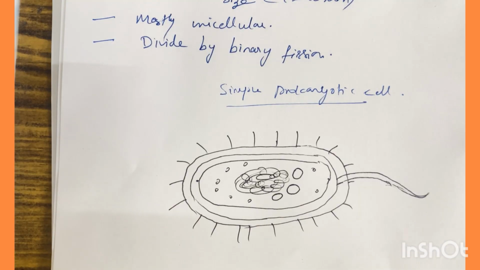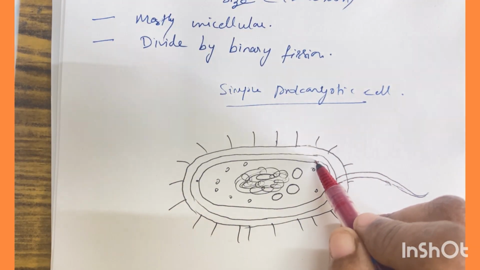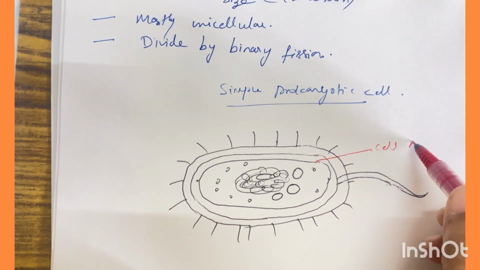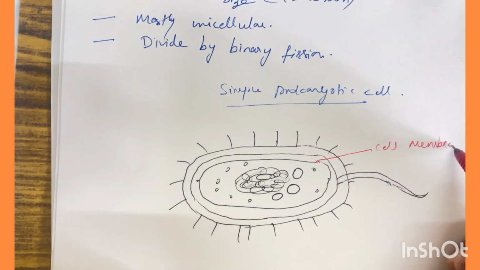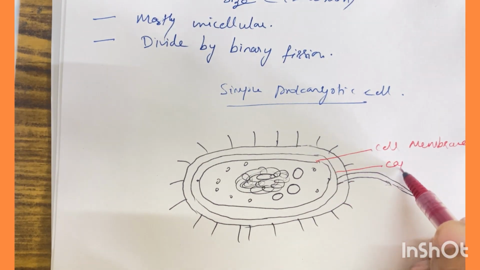So this forms the simple bacterial cell. Okay, now can you help me out label this diagram? Let's try and do that. So first we started with this one, cell membrane, isn't it? This was followed by capsule, sorry, cell wall, I'm sorry.